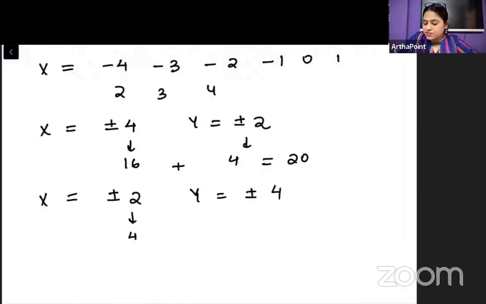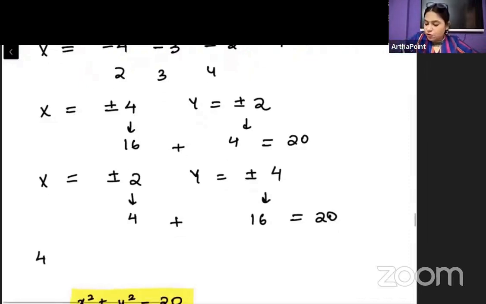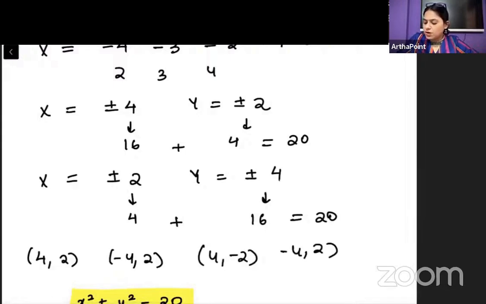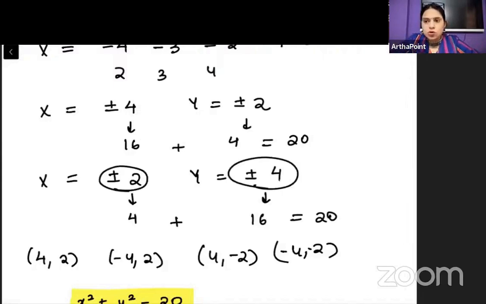Again, 2 square is 4, 4 square is 16. If I sum them, I will get 20. So this gives me so many pairs. I can have pairs like 4, 2, -4, 2, 4, -2, and -4, -2. So many pairs I can get, right? Same, I can make pairs between these x, y's also.